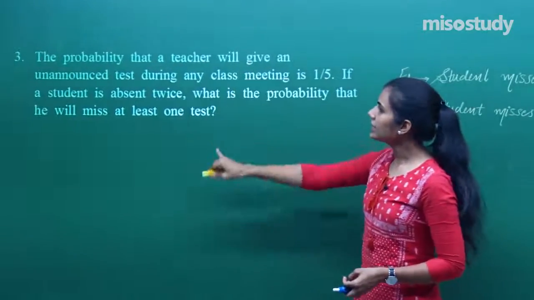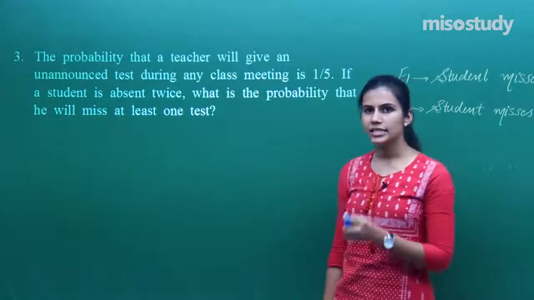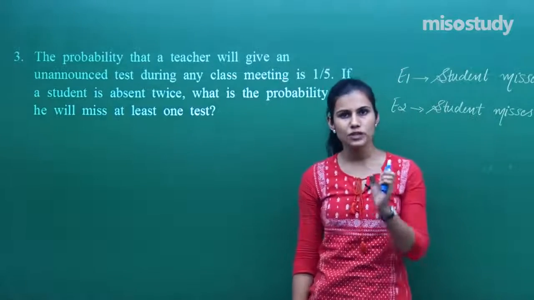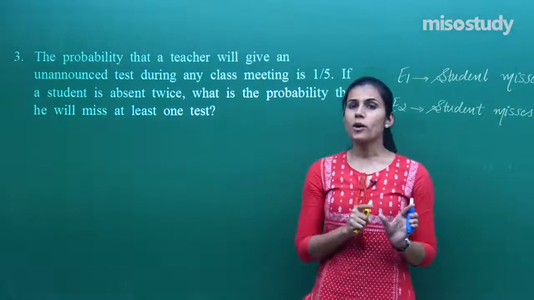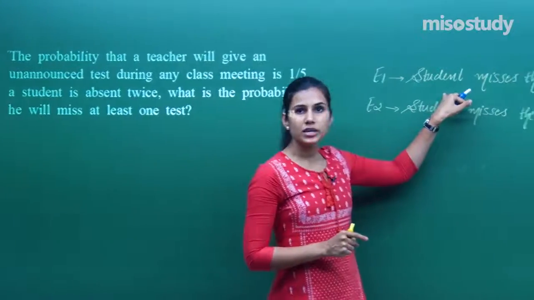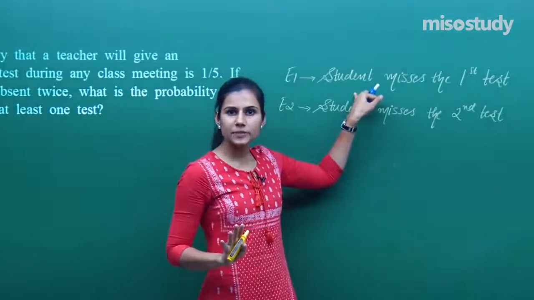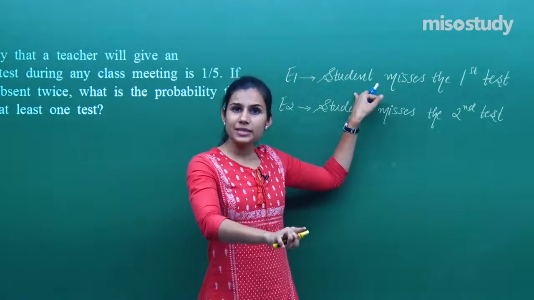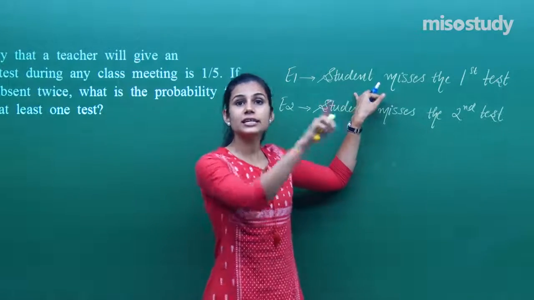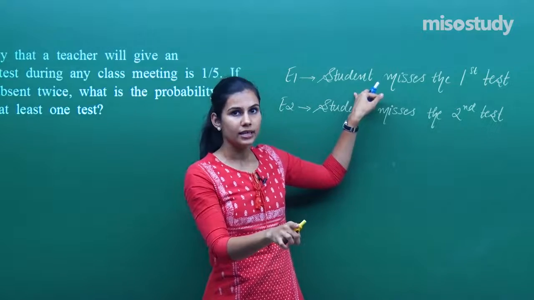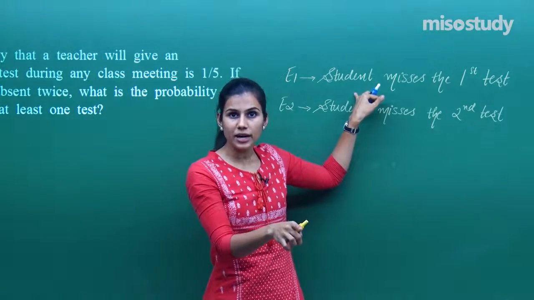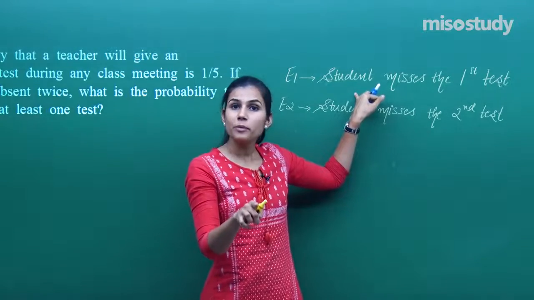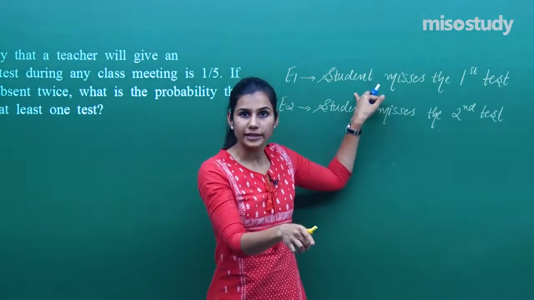Now see, teacher is giving an unannounced test during any class is holding probability 1 by 5. If a student is absent twice in that class, then what is the probability that he misses the first test? One day he is absent, that day he can miss a test only if the teacher decides to take the test on that day. The probability that the teacher is going to take the test on that day is 1 by 5. Same is the probability that the student will miss the test on that day.